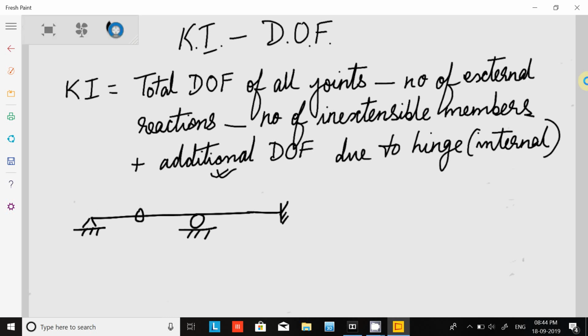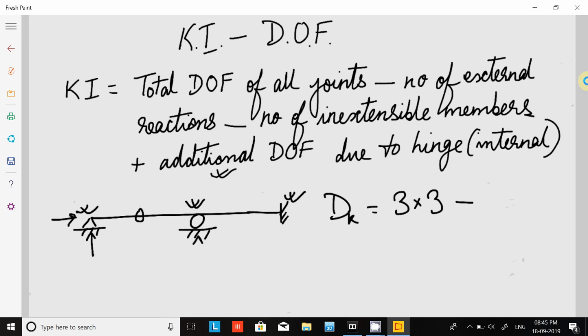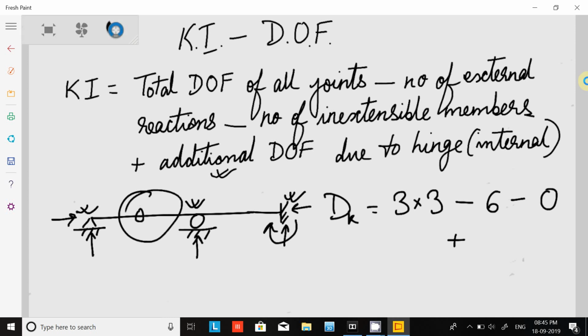Okay, so how many joints are there? 1, 2, 3. So dk will be 3 into 3, each joint has 3, minus number of external reactions: 1, 2, 3, 4, 5, 6. Then number of inextensible members, nothing is mentioned, plus additional degree of freedom due to hinge. If the hinge is located in this manner, then we have to give 4. So ultimately the answer is how much? 9 minus 6, 3, 3 plus 4, 7. So this is the answer.